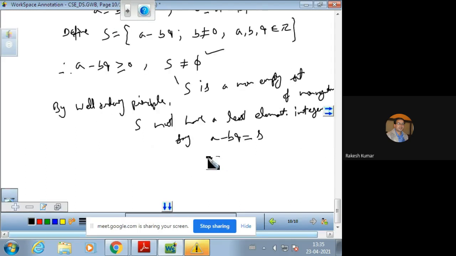Even r ले लीजिए, that will be better because that value is the remainder, and r should be greater than or equal to 0.